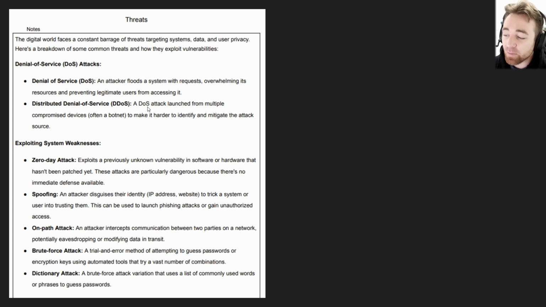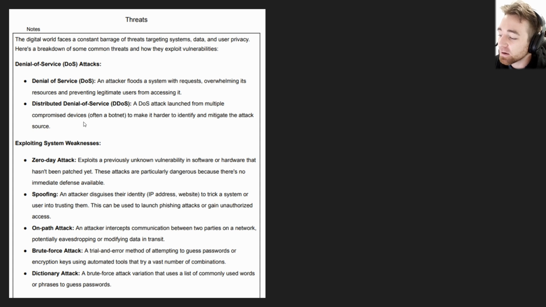Where it says, often a botnet, that describes when malware has been installed on multiple different devices all around the world, sometimes hundreds, thousands, maybe hundreds of thousands, and that malware is designed to utilize the hacked computer to send traffic to a specific source, with the pure intention of denying service, of shutting down a system or a server.